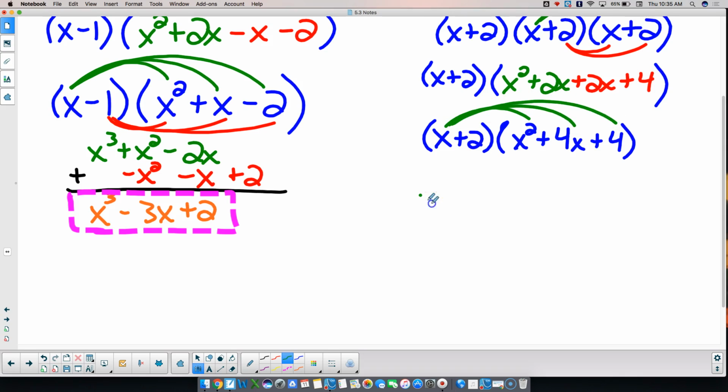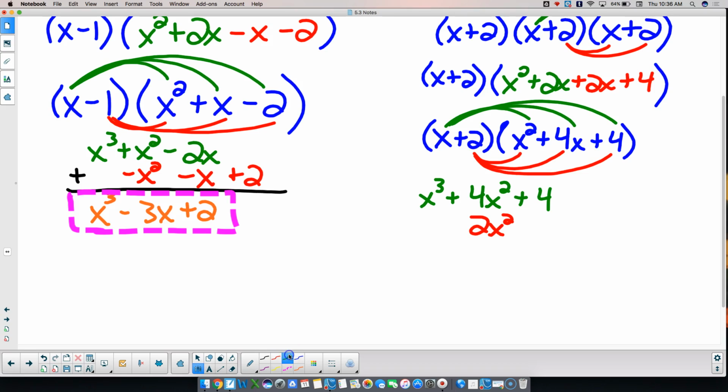So that is x cubed plus 4x squared plus 4x, plus 2x squared.